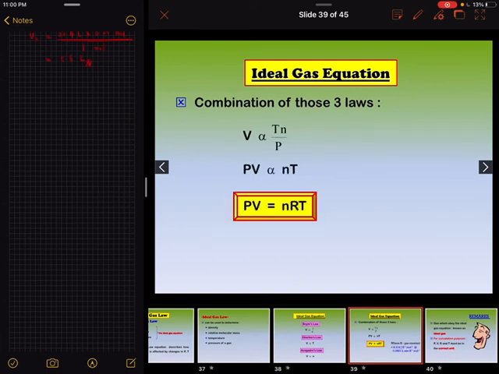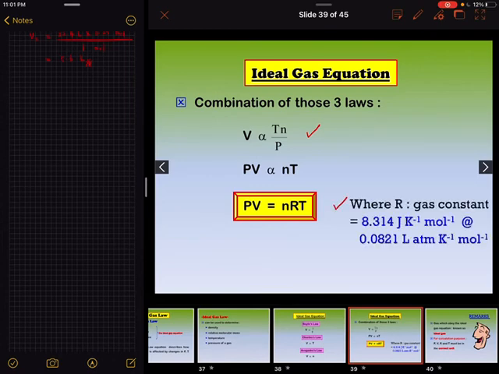Okay, so bila V is directly proportional to T N over P, okay, so when you insert the proportionality constant dekat dalam tu nanti, maka you akan dapat the other gas equation is PV equals to nRT. Okay, di mana R is the gas constant and the nilai of the gas constant adalah sama ada 8.314 ataupun 0.0821.